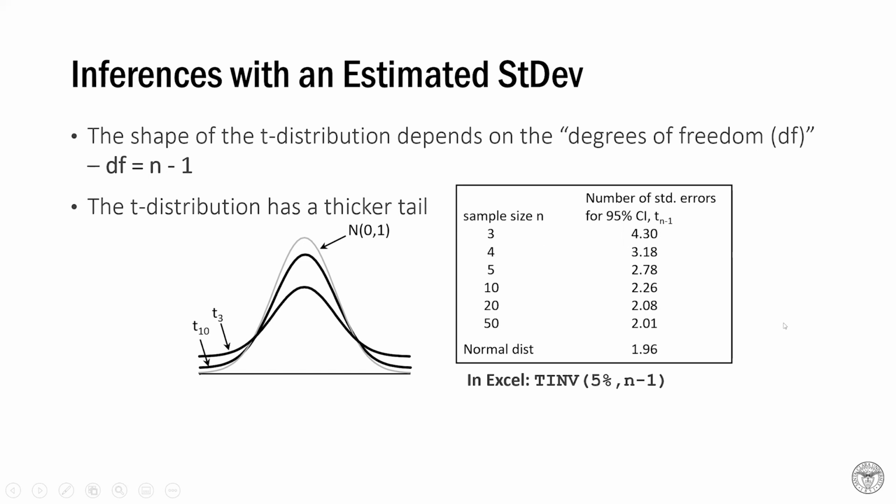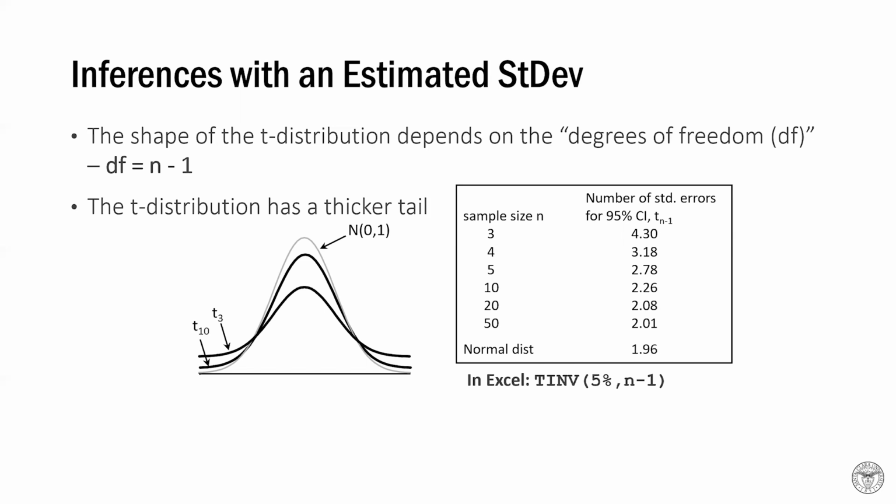In practice, for samples of size n larger than or equal to 30, the t distribution is approximately the same as the normal distribution. So the estimates that we obtain from the t distribution will be similar to those using the normal distribution.